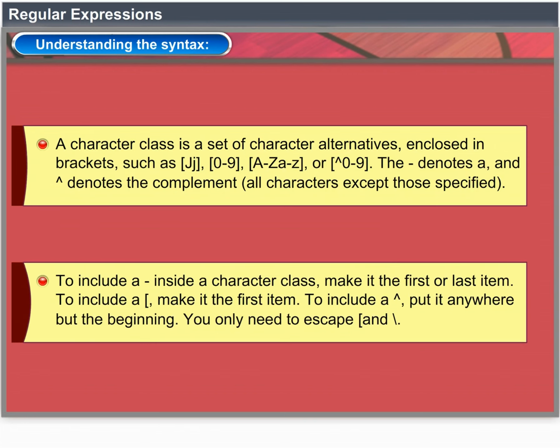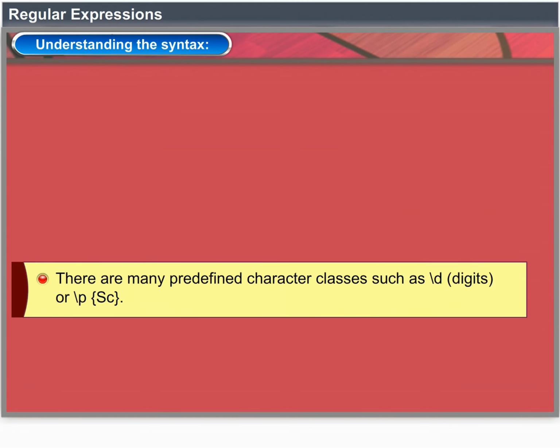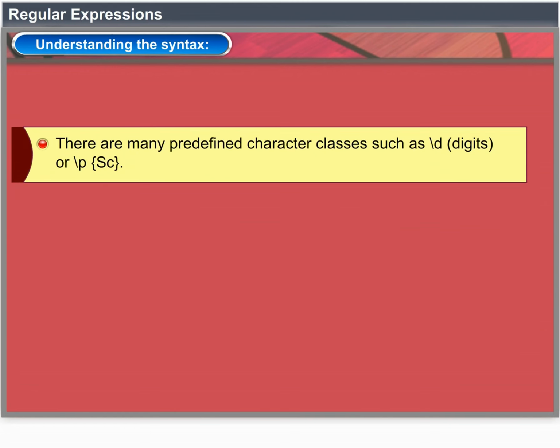To include a hyphen inside a character class, make it the first or last item. To include a closing square bracket, make it the first item. To include a caret, put it anywhere but the beginning. You only need to escape the opening square bracket and backslash. There are many predefined character classes such as \d for digits or \p{sc}.